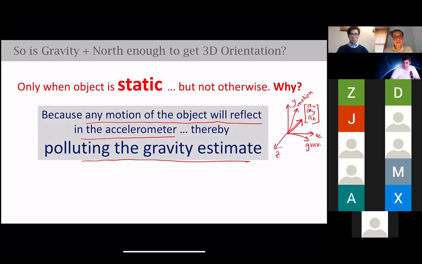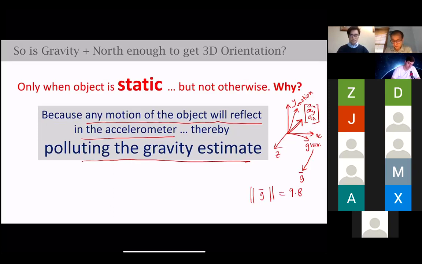Hey guys, one thing you can say is, let's say the gravity vector is G. One thing you can say is the gravity vector's amplitude, its magnitude, which is the L2 norm, is equal to how much? 9.8.